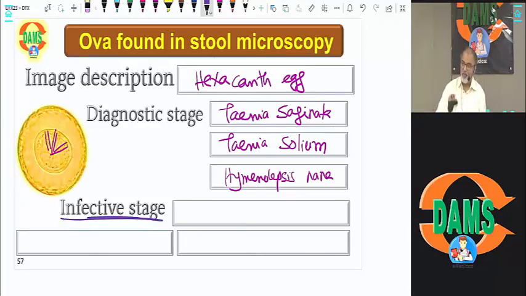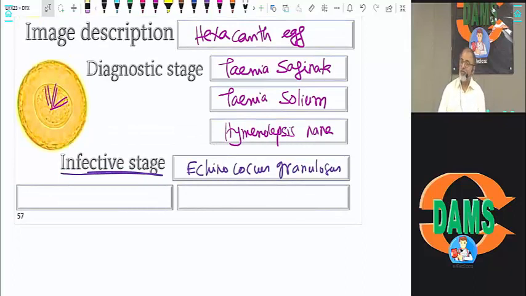Infective stage, after eating egg, disease develops. Number 1, Echinococcus granulosus from the dog. Number 2, Hymenolepis nana, because there is no intermediate host.